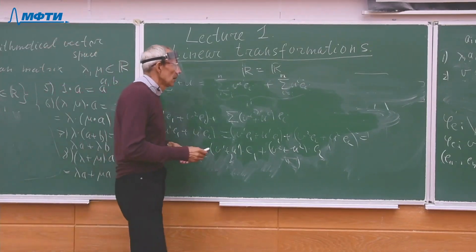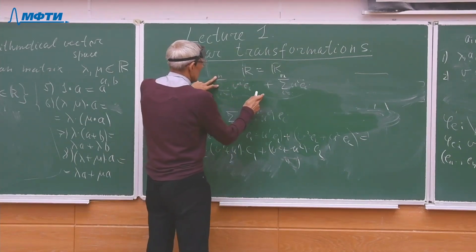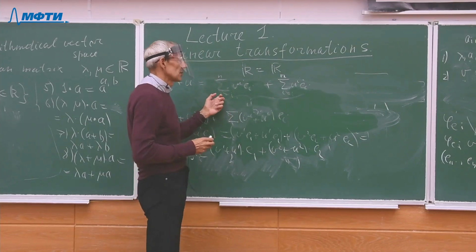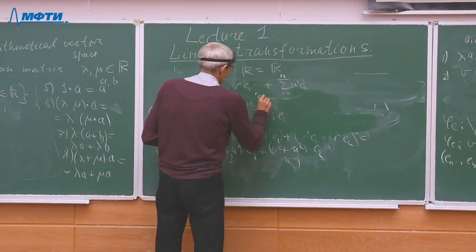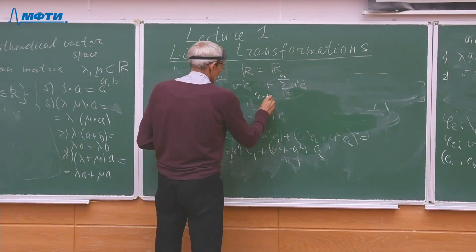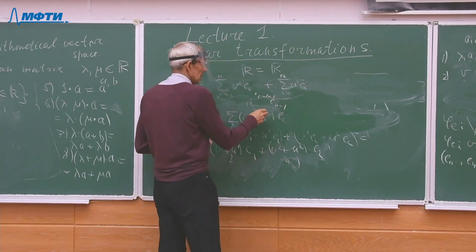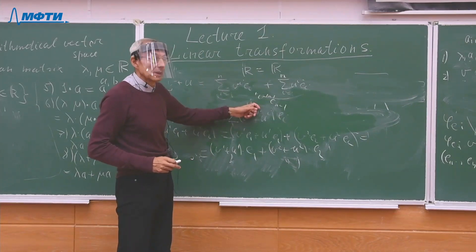After that, I suppose that the equality is fulfilled for some fixed n, and I must check it for the next value, n plus 1.